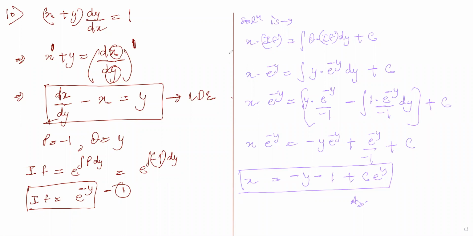No, my bad, 1 by y. 1 by y, correct? And Q is coming as y. Correct. Good. So this is again the form of dx by dy, not dy by dx.